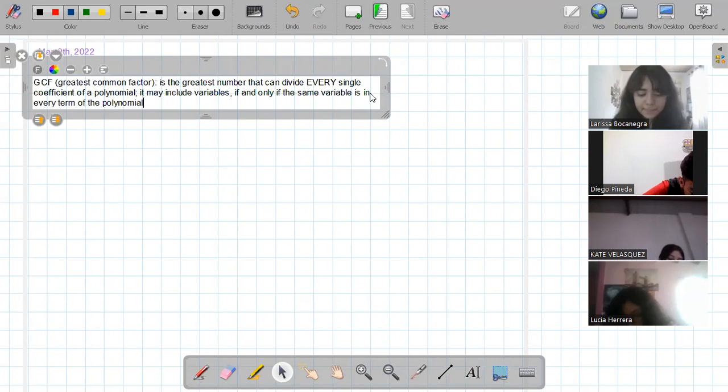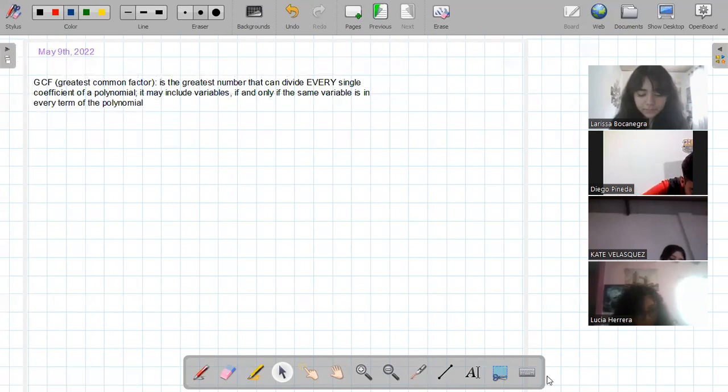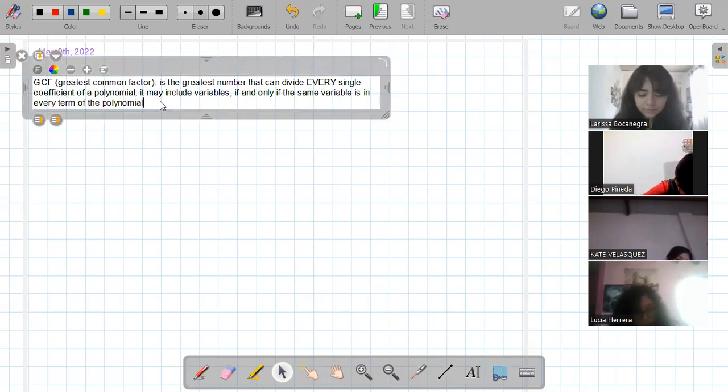With one term that does not have the variable, then it is not part of the GCF. But if all of them have that variable in the terms of the polynomial, then we pick the one with the smallest exponent. So let's begin with the GCF.